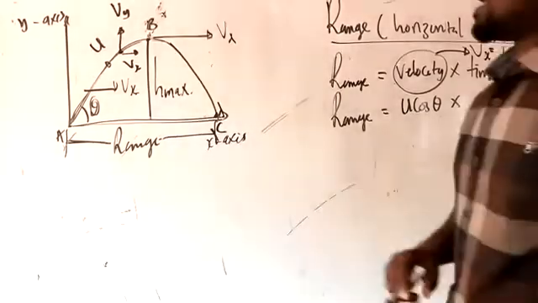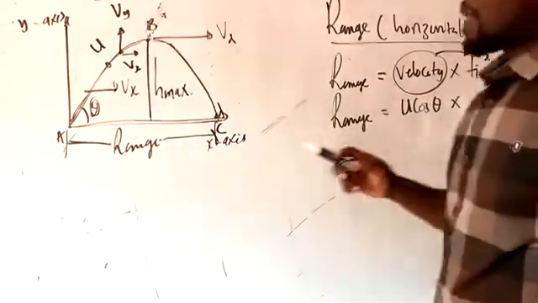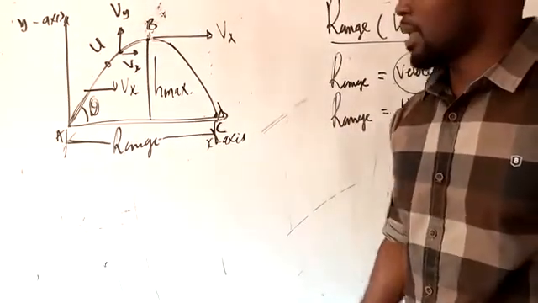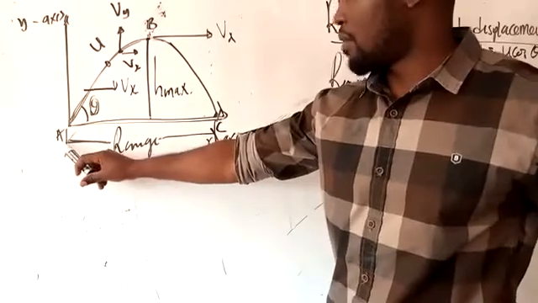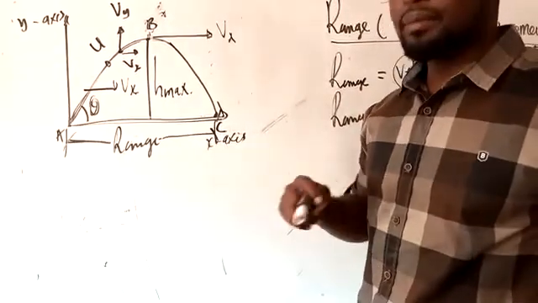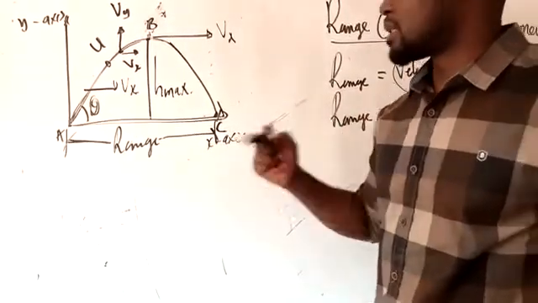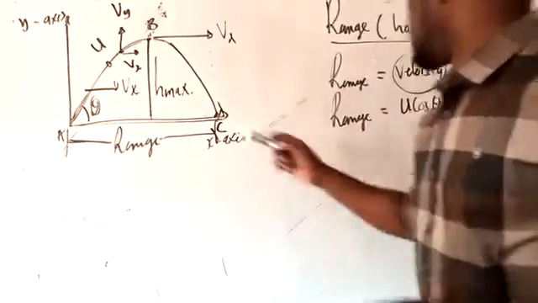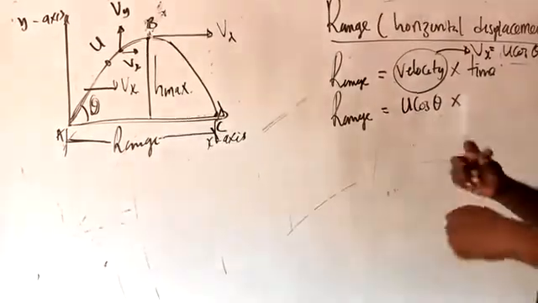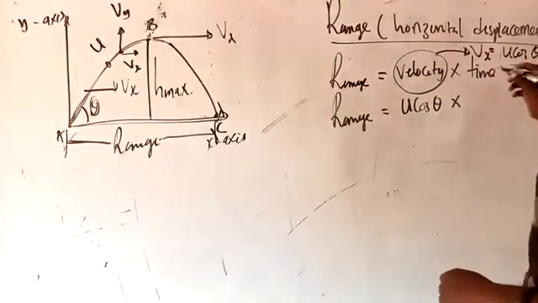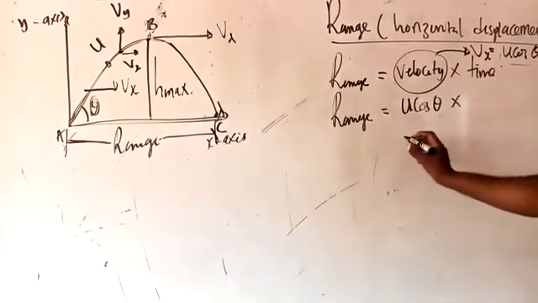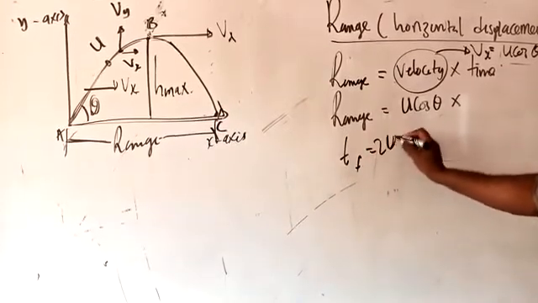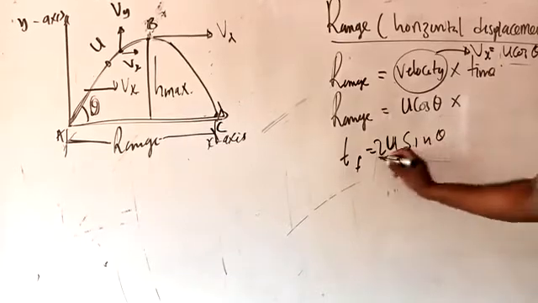All right, so the time to cover this distance is actually the time of flight. So it's the same time from point A to point C. It's the same amount of time that we're going to use as the time of flight from point A to point C. Remember, we already derived the time of flight, which we can call TF, is equal to 2u sine theta over g.